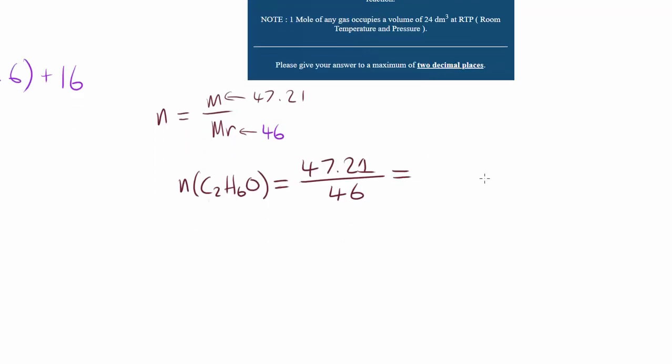Well, that is going to give you 1.026304. I'm going to just round this down, and just leave it at that. And that's going to be in moles. So we've worked out the moles of the C₂H₆O.